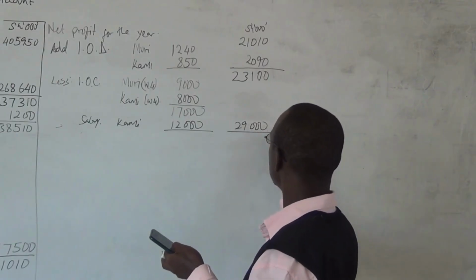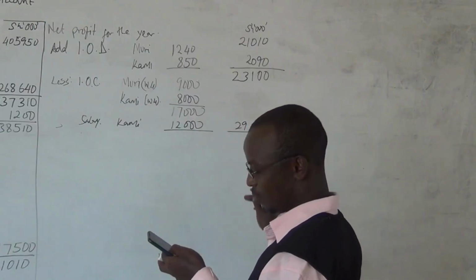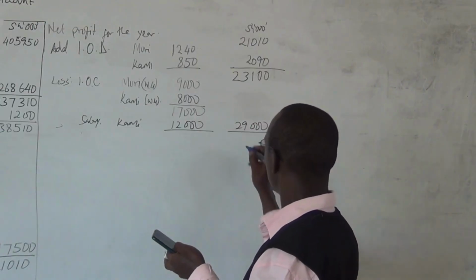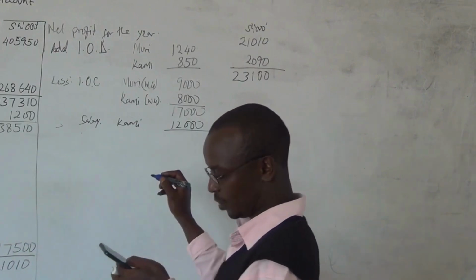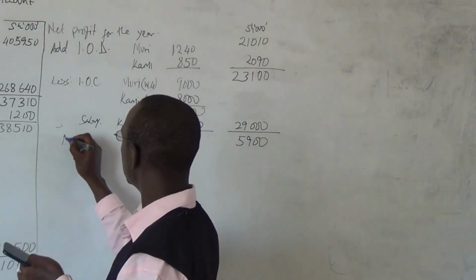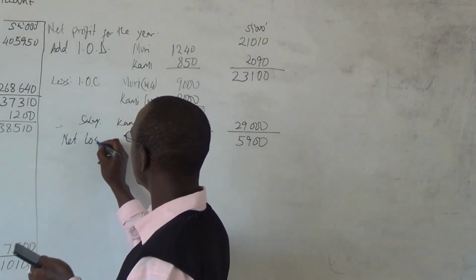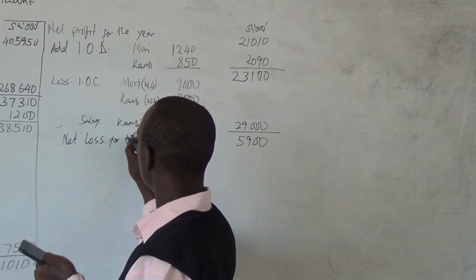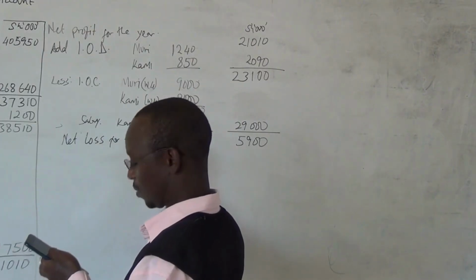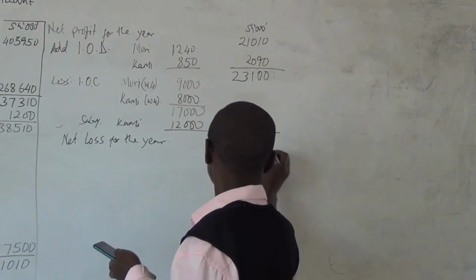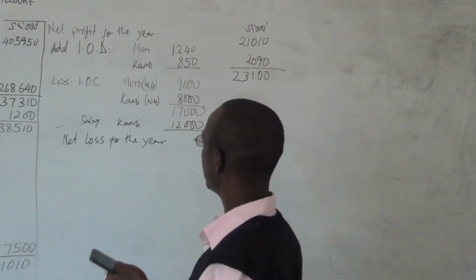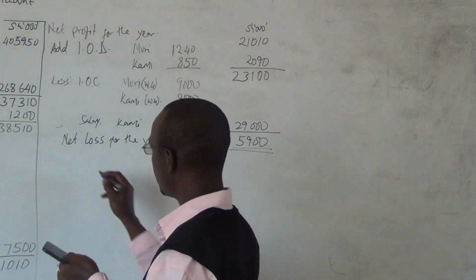If you less this from here, you get a net loss of 5,900. That is the net loss for the year. Then this is our net loss for the year. You do share of loss.